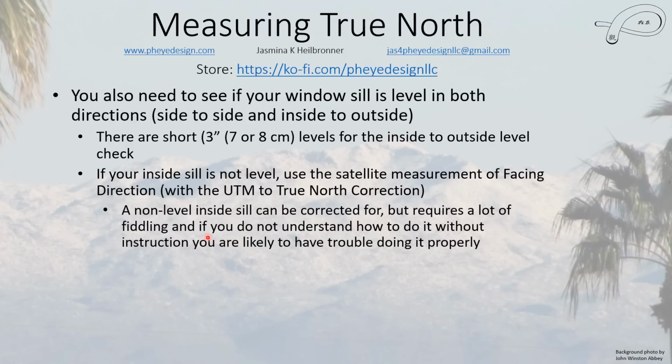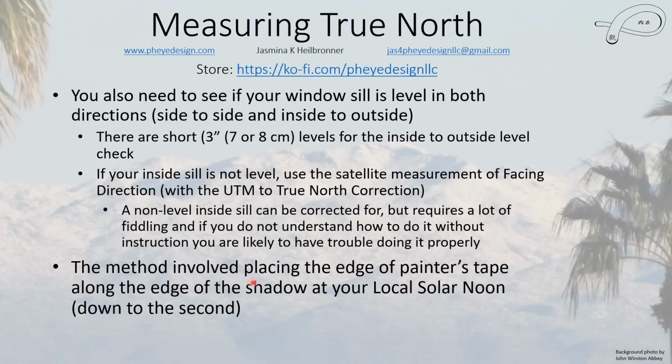Now, a non-level inside sill can be corrected for, but it's fiddly, really a lot of work to do. And if you don't understand how to do it properly without instructions, you're probably going to have a really hard time doing it properly at all. So I recommend you don't bother. You just use the satellite.